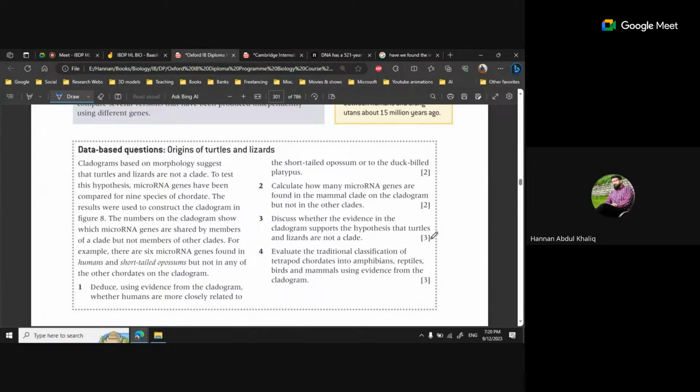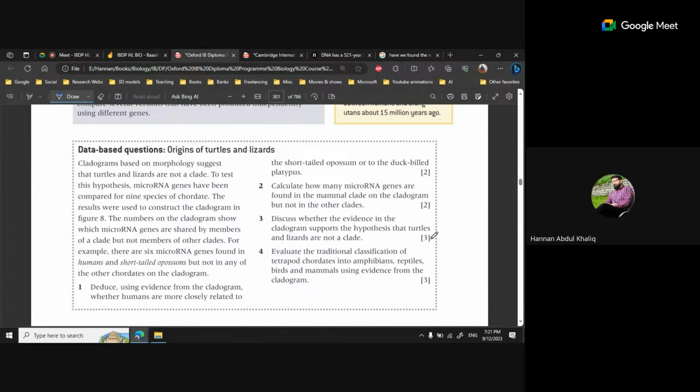Construct the cladogram. The numbers on the cladogram show which microRNA genes are shared by members of a clade but not members of other clades. For example, six microRNA genes are found in humans and short-tailed opossums, but not in any of the other chordates. Deduce, using evidence from the cladogram, whether humans are more closely related to the short-tailed opossum or to the duck-billed platypus.